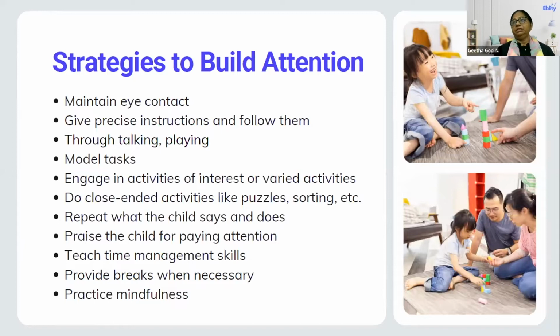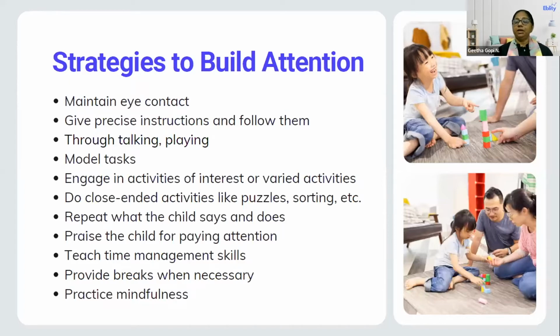Provide breaks when necessary. This is particularly true when you're planning activities for children who have very low attention. Start with shorter duration activities and bigger breaks initially, and then slowly increase the duration of the task at hand and reduce the duration of breaks.